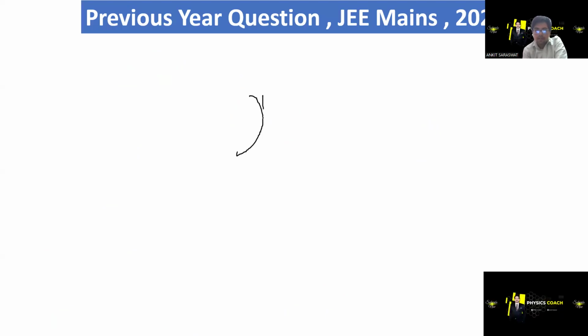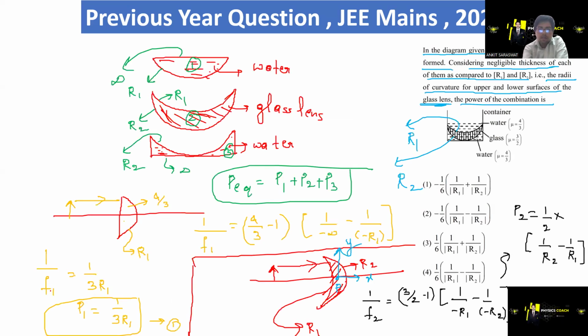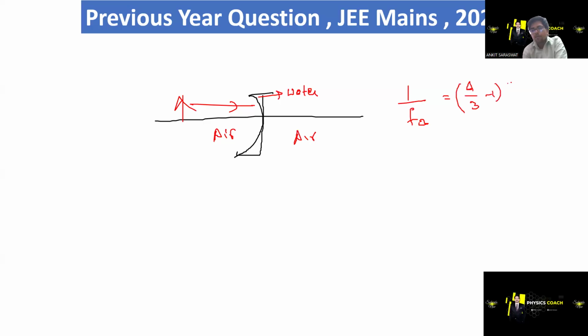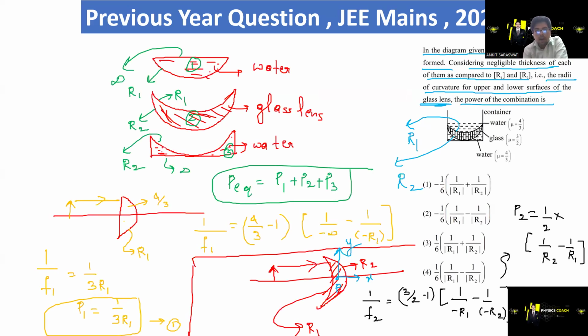This is our third lens, somewhat like this. If you look carefully here, water is filled. So we will apply the lens maker formula only then. But here also there is air. This is thin, okay. And we will apply our formula 1 upon F3. Water refractive index is 4 by 3 minus 1, times 1 upon R1. This is what? The radius of curvature of this lens is R2.